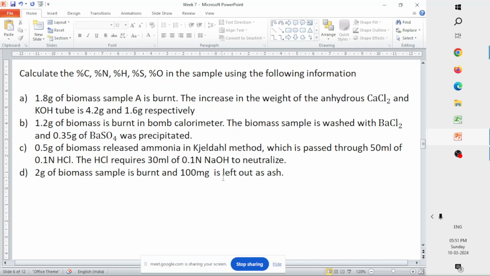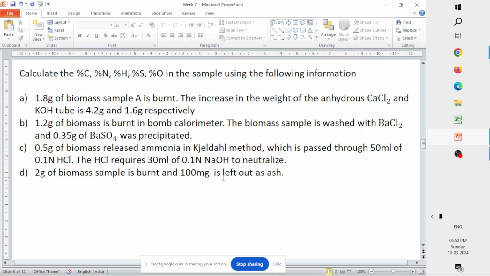You take your biomass sample and combust it using high pressure oxygen in a metal pressure vessel. So you have a metal pressure vessel, you put your biomass sample in it, and then you burn it under a high pressure oxygen environment.